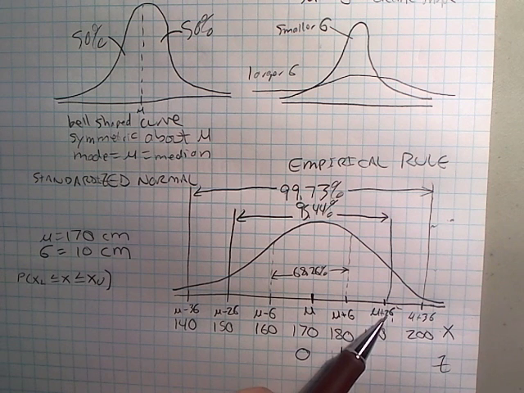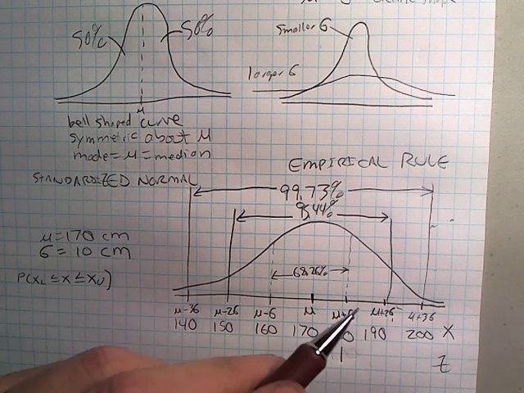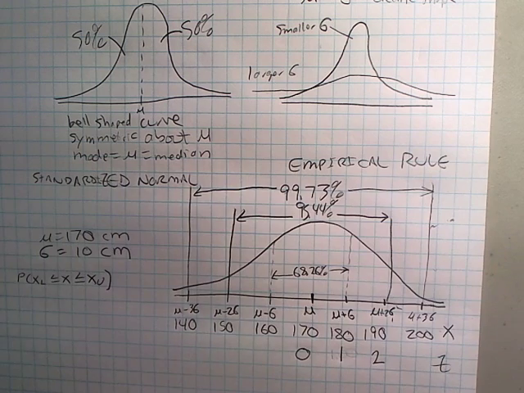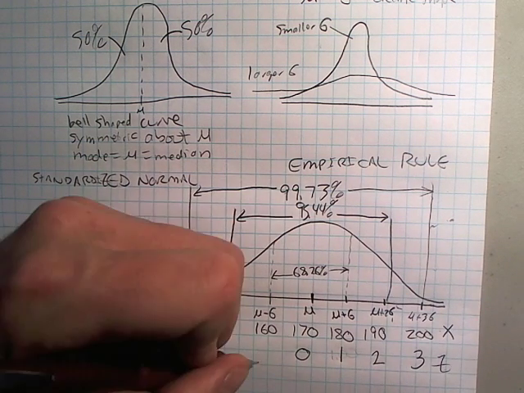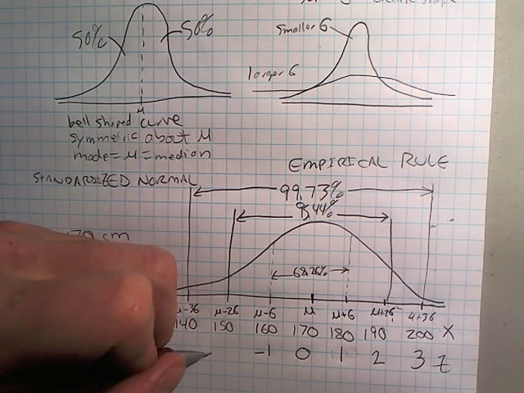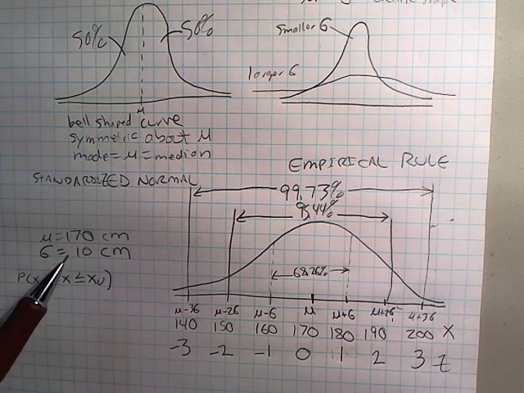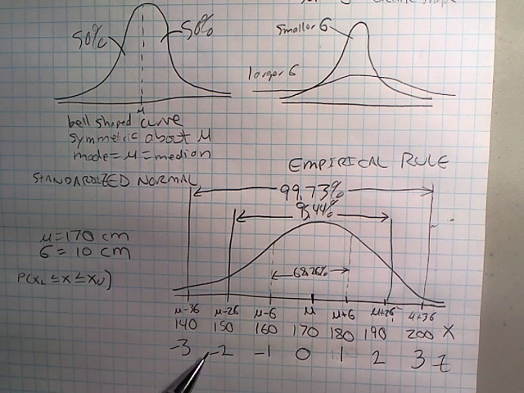Likewise, a value 2 standard deviations above the mean, which we could compute to be 190 in this case, would have a z-score of 2. 3 would correspond to an x value of 200, and on the negative side, -1, -2, and -3 z-scores. So the easiest way to think of a z-score is just simply, for a given value, how many standard deviations above or below the mean does that value fall?